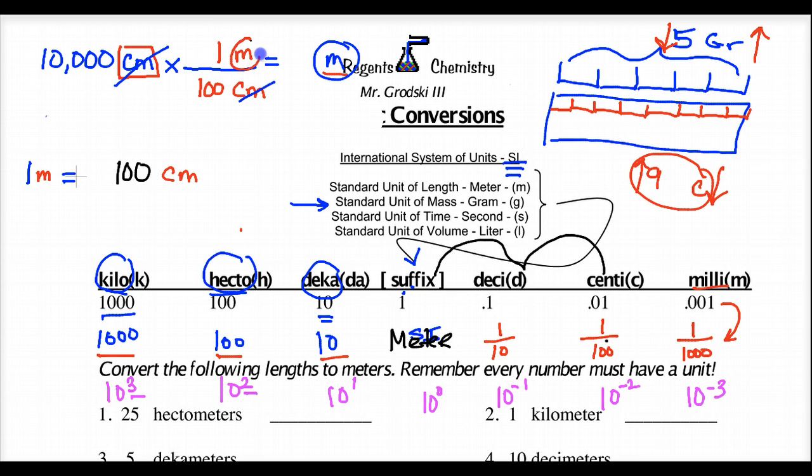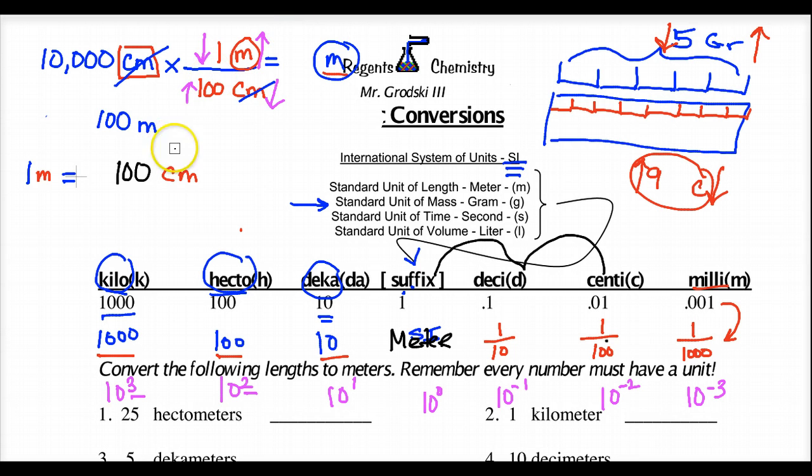Meter is a bigger unit, so it gets a smaller value. Centimeter is smaller than a meter, 1/100th, so it needs a bigger number. So the answer is 10,000 times 1 divided by 100, and you get the answer here to be 100 meters.